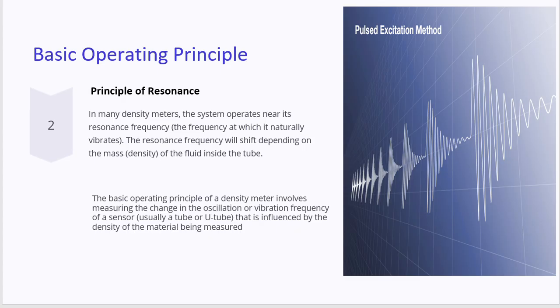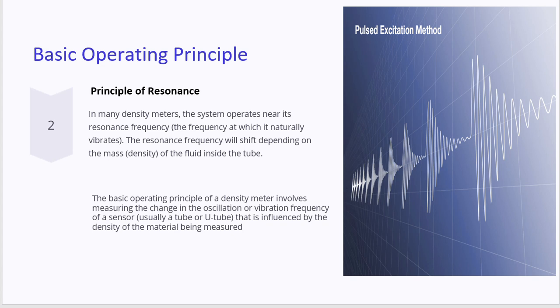Now I am talking about the principle of resonance. When we want to match the frequency, there is a particular kind of frequency. In many density meters, the tube operates near its resonant frequency, the frequency at which it naturally vibrates. The resonance frequency will shift depending on the mass density of the fluid inside the tube.